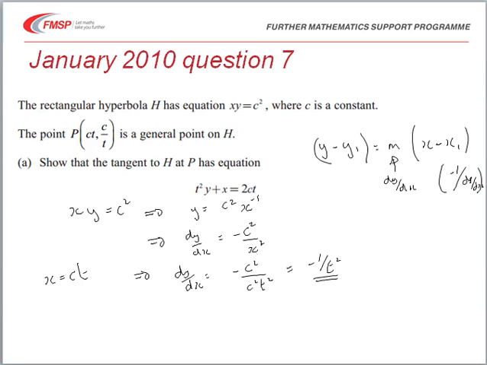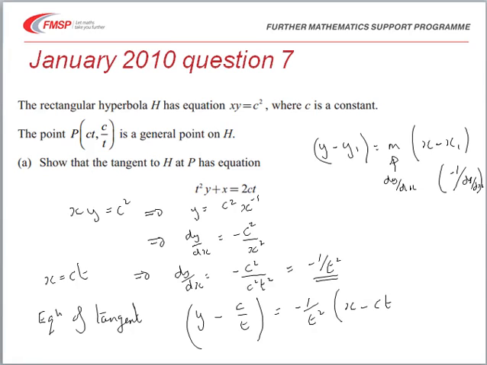Having found the gradient then of the tangent, we can say that the equation of the tangent is given by our general equation of the straight line: y minus y1, where y1 is c over t, is equal to negative 1 over t squared, times x minus ct.